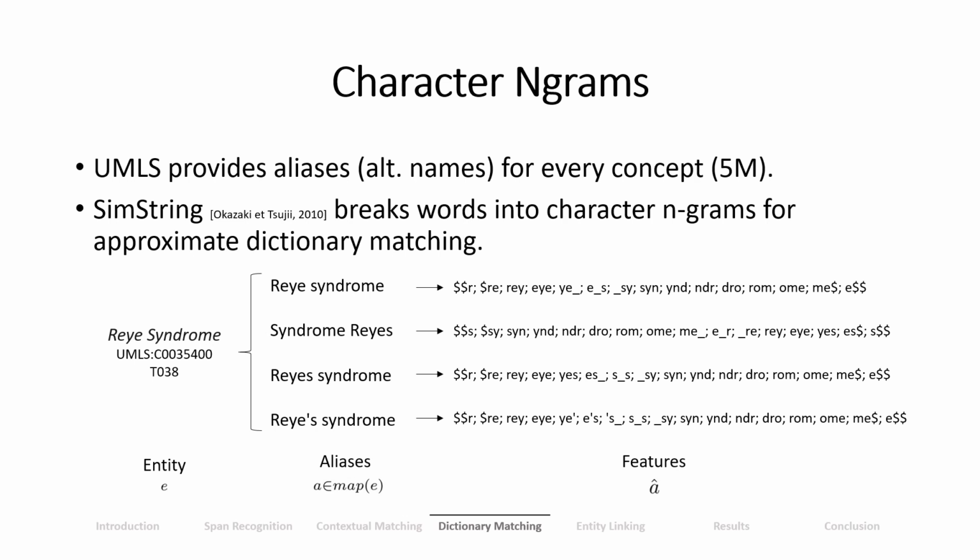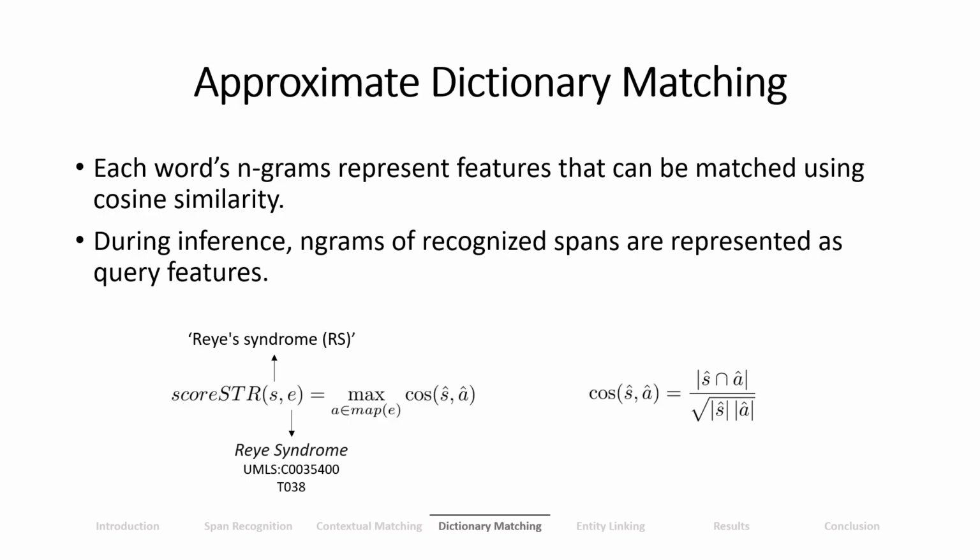The trigrams for each of these names constitute features for that concept. These features can then be matched using cosine similarity against query strings by their corresponding trigrams. We match query strings against all names individually. The entity whose name had the maximum score corresponds to our best match.